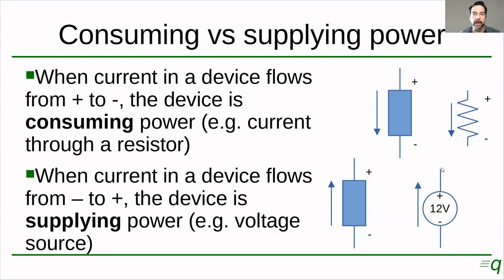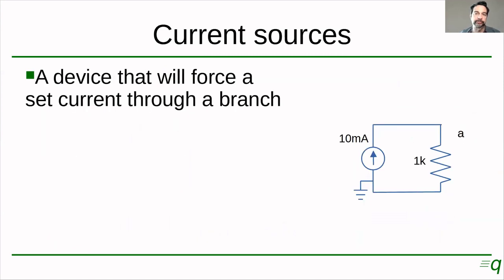So in many circuits, you would have this terminal on the voltage source connected to this terminal on the resistor, and this terminal on the voltage source connected to this one on the resistor. So current will flow in this direction, in this loop, right? So from positive to negative on the resistor, and from negative to positive in the voltage source. Okay, keep this in mind because we're going to use it in a few slides when we study current sources.